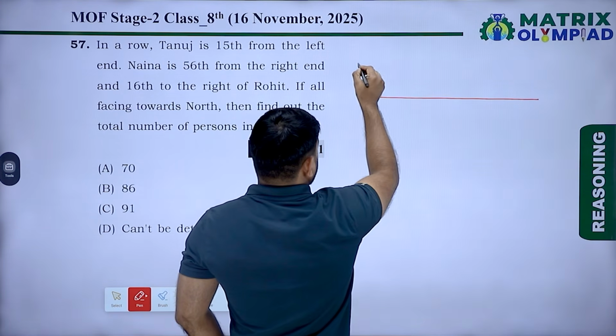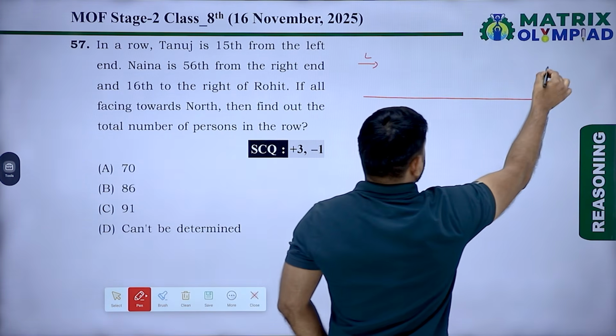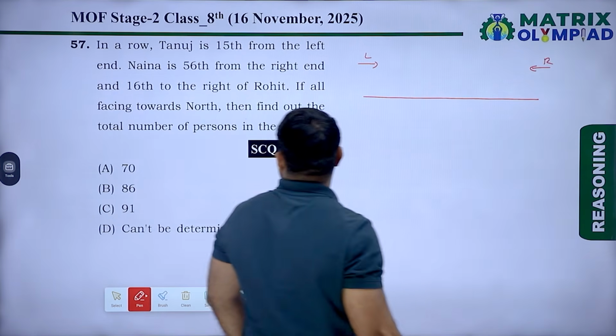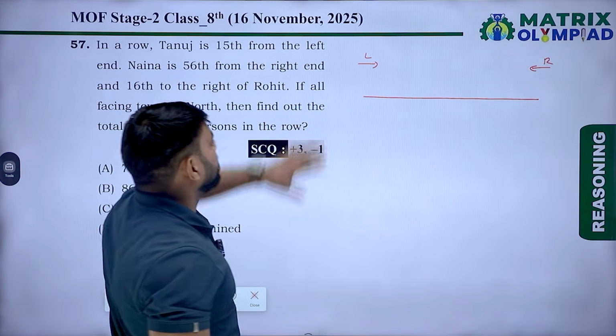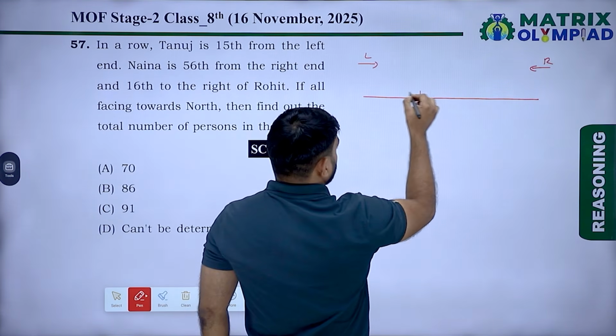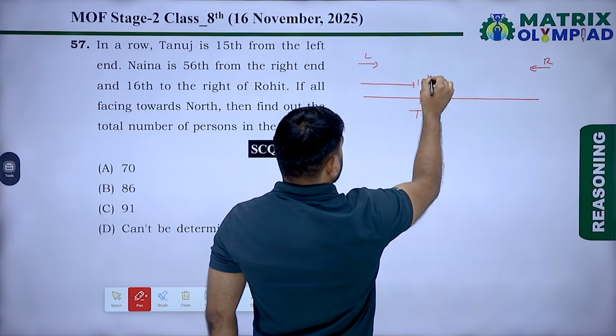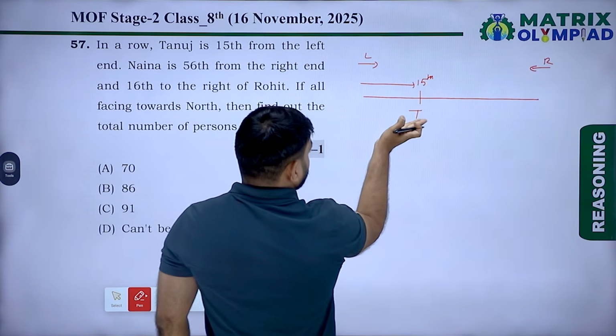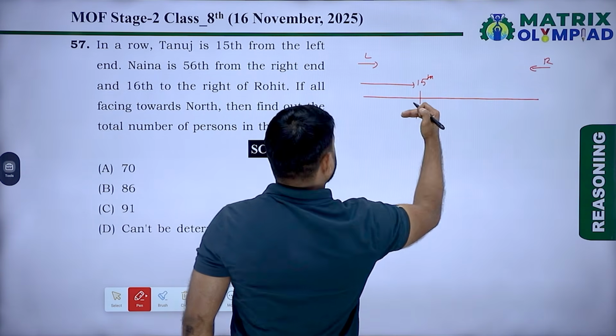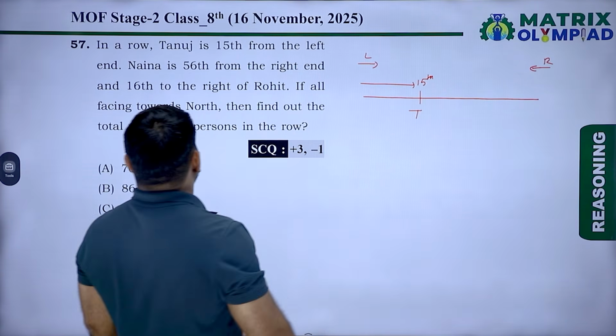This is the left end of the row and this is the right end of the row. Now Tanuj is 15th from the left, so position of Tanuj is 15th from the left end. And this is the right side of Tanuj and this is the left side of Tanuj.